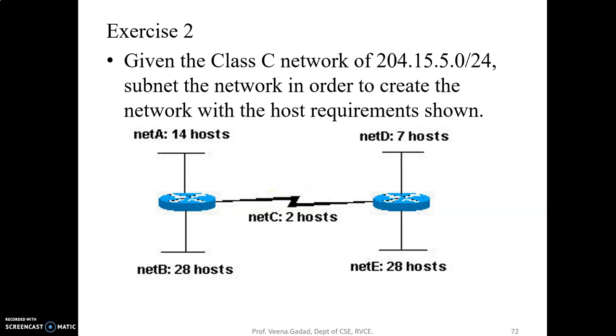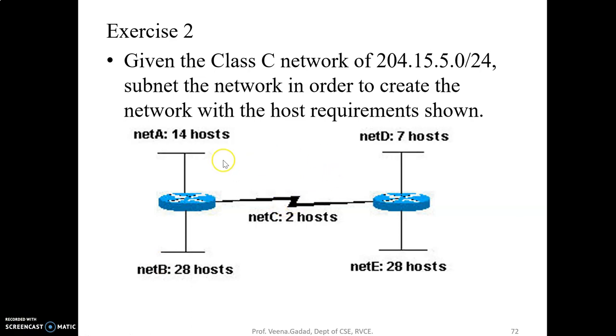So the first step to solve such a problem is to determine how many subnetworks are required. So it will be 1, 2, 3, 4, 5, nearest power of 2, right? The nearest power of 2 is 8. That means I need 3 bits of my host part in order to create the subnetworks.